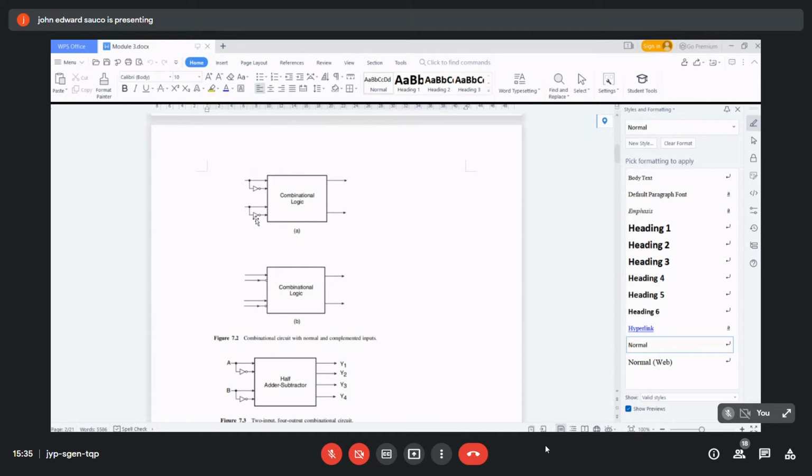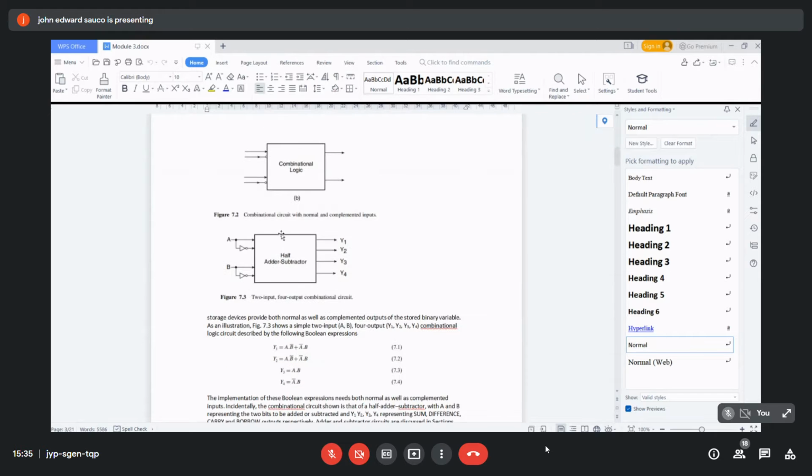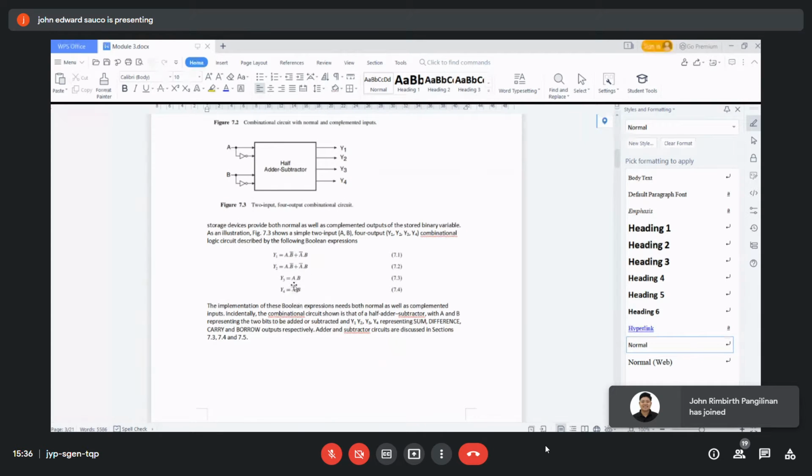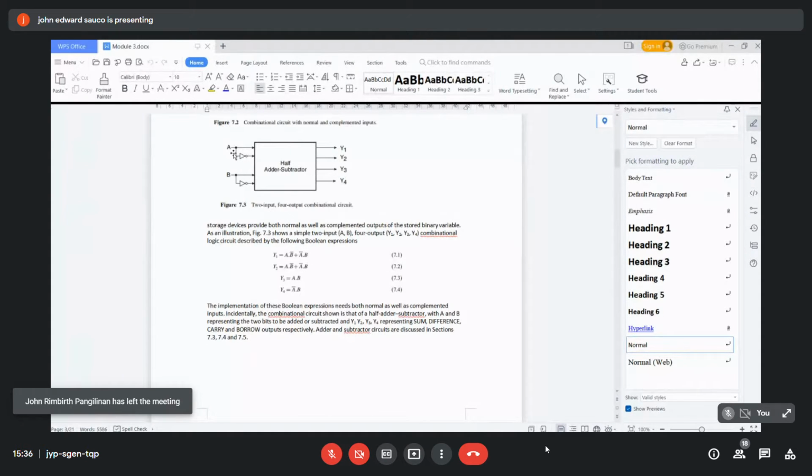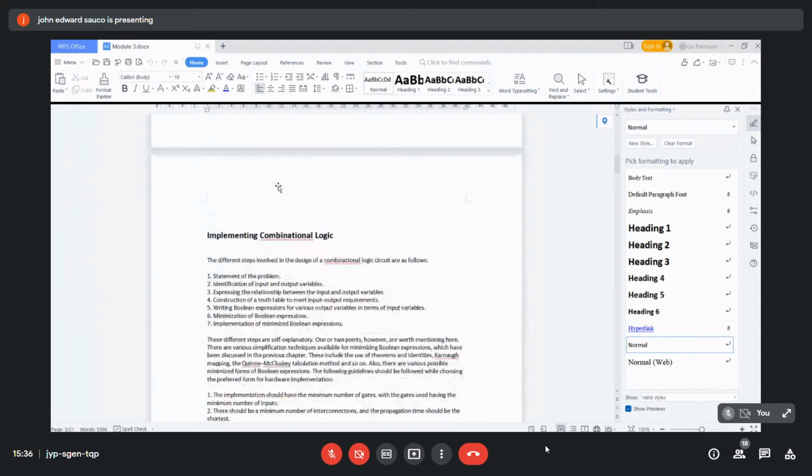Ayan. So, converter para sa inputs and output. Ito yung sample natin, yung half adder subtractor. May ganitong expression para sa Y1, Y2, Y5 gamit yung A and B inputs natin.